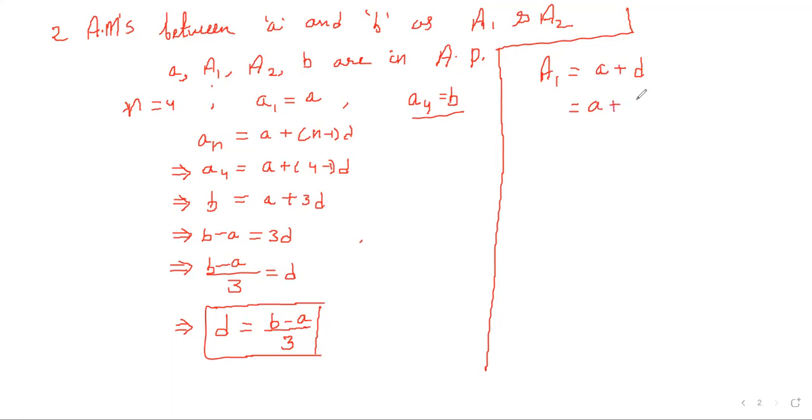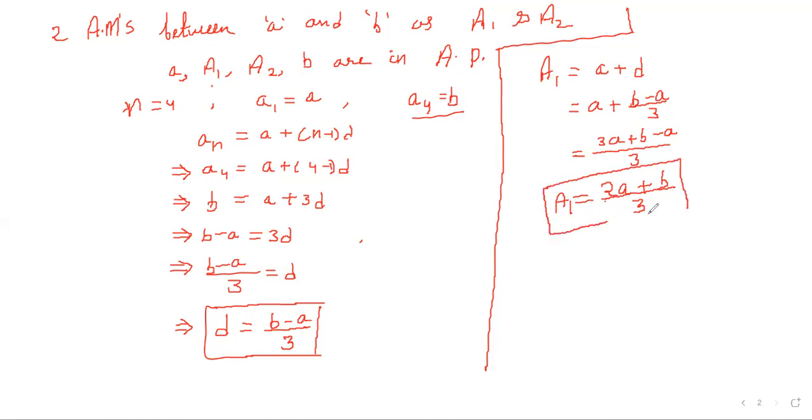Now common difference is (b minus a) over 3. So the LCM is 3. 3a plus b minus a. Now 3a minus a is 2a, plus b over 3, which is the first arithmetic mean between small a and small b: A1 equals (2a plus b) upon 3.